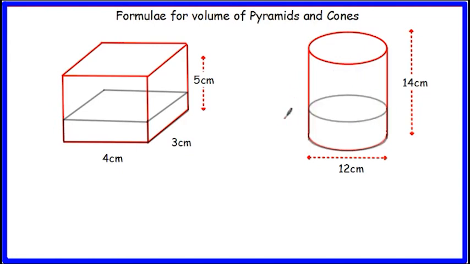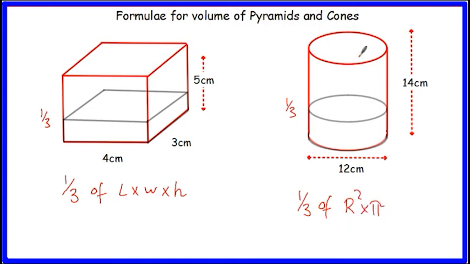So the rules would be 1/3 of the cuboid, which is length times width times height. And in this instance, it would be 1/3 of the cylinder, which is radius squared times pi, that's the cross section, times the height.